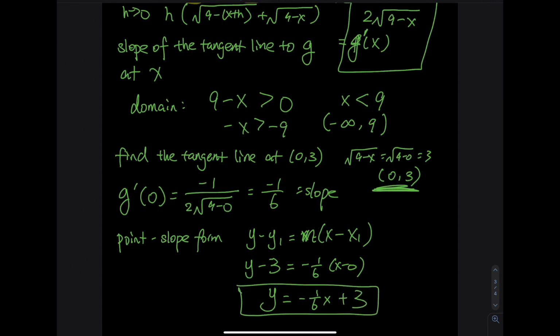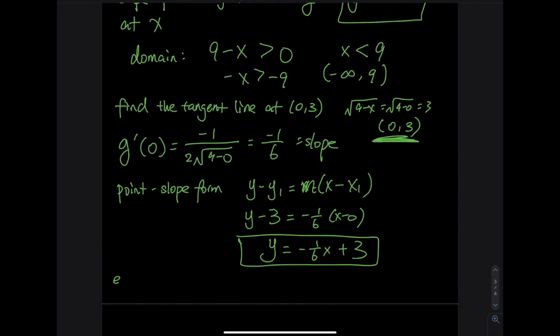This is called equation of the tangent line. Okay, I'm going to write this down. Equation of the tangent line to the square root function at this point 0, 3. See, every answer has a name.